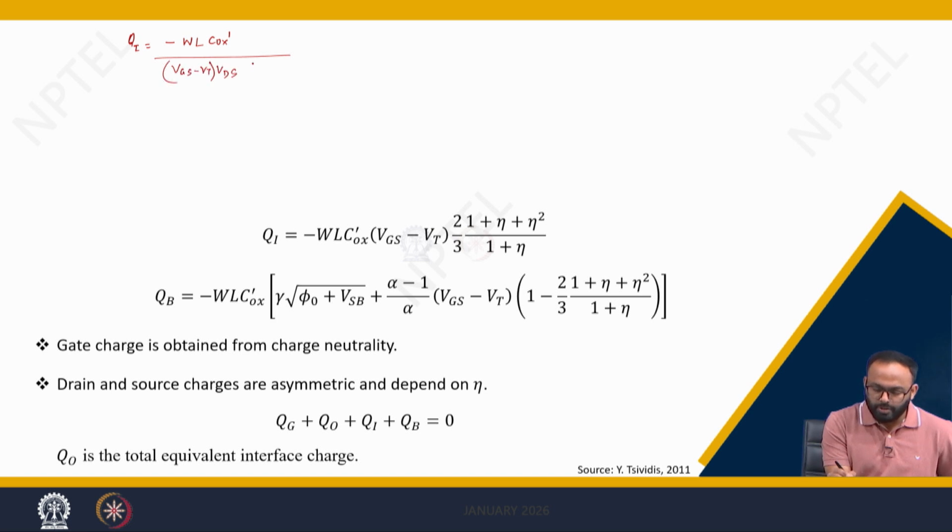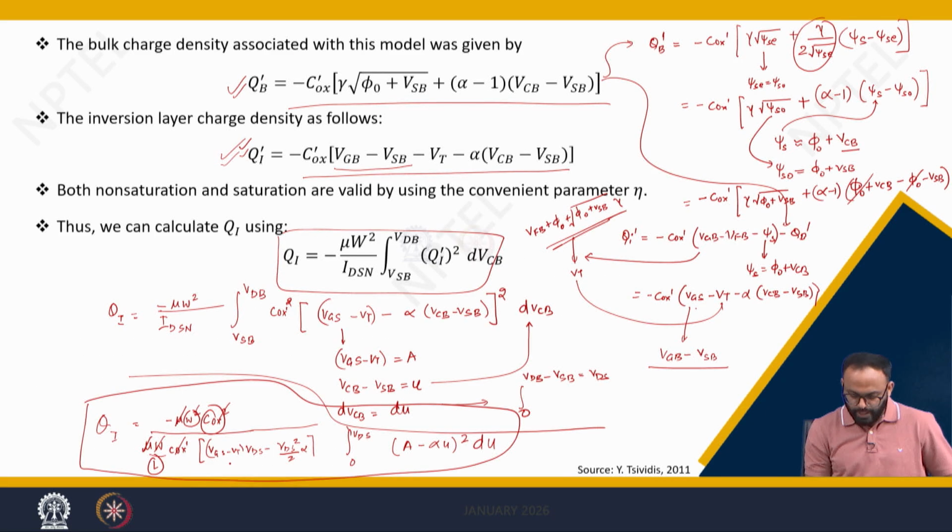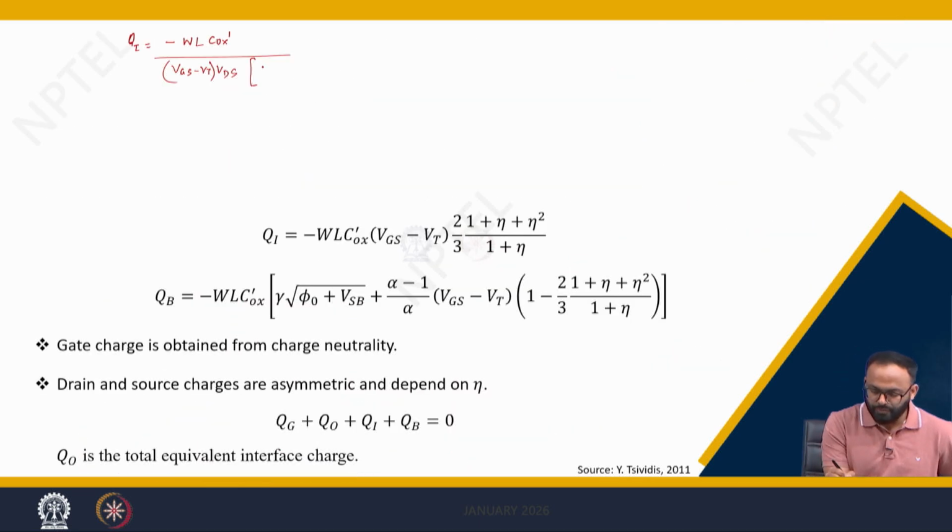I am taking it out from the denominator. If you take it out, you will be left with 1 minus Vds into alpha divided by 2 into Vgs minus Vt. So, you will be left with 1 minus Vds divided by Vgs minus Vt into alpha divided by 2, right.